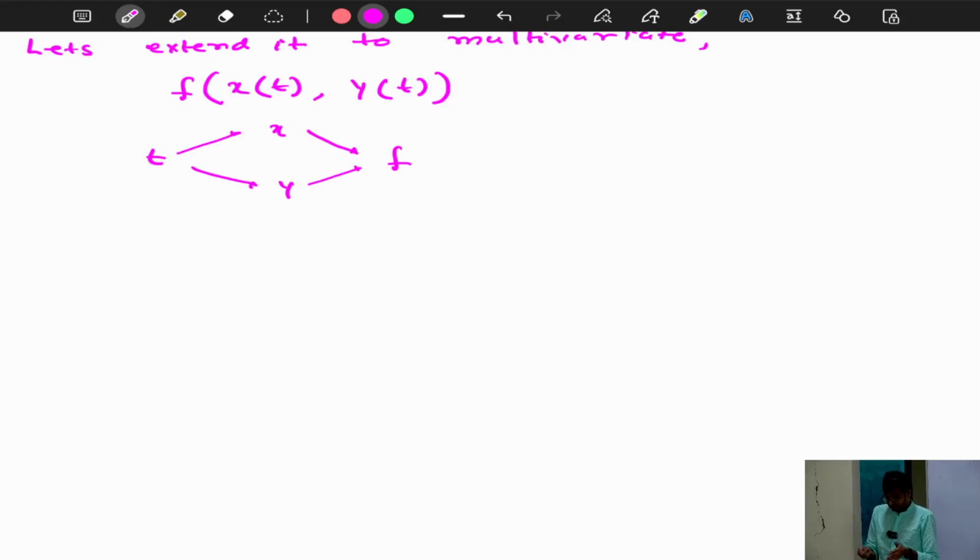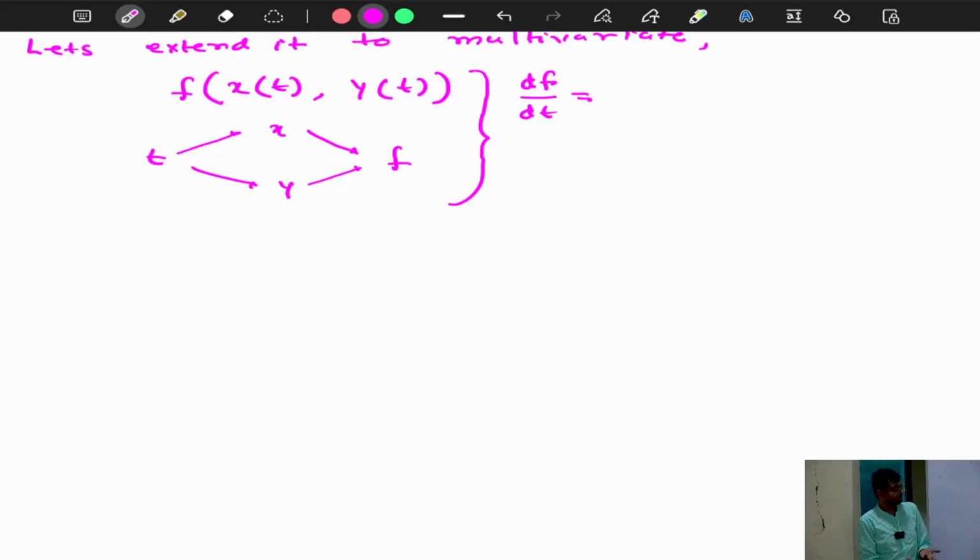Now you see that what will happen now was not happening earlier. So I want you to calculate the total derivative of f with respect to t. Total derivative. What is the total derivative? How do you calculate it? You go from f to t following all possible paths. Right?